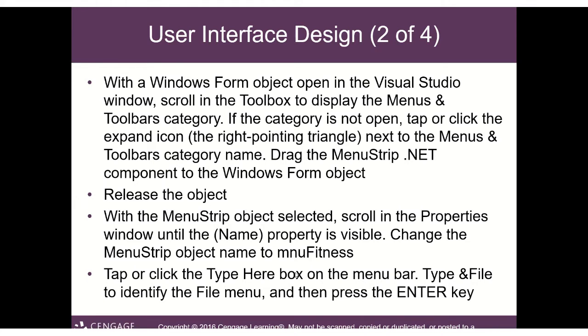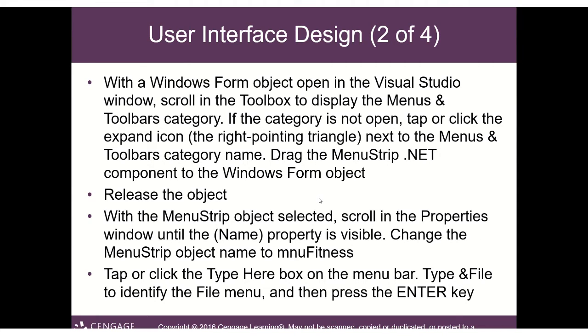So the menu thing, how do you populate a menu? So basically you have to select the file object. Basically you have to create the menu, and then if you click on the menu object, you can tap or click the type here box on the menu bar and type file to identify the file menu, and then press the enter key.